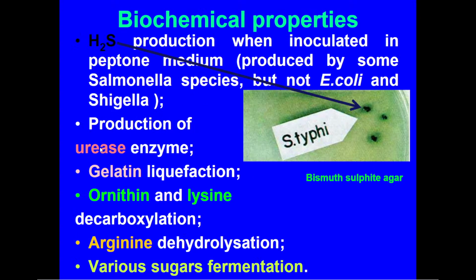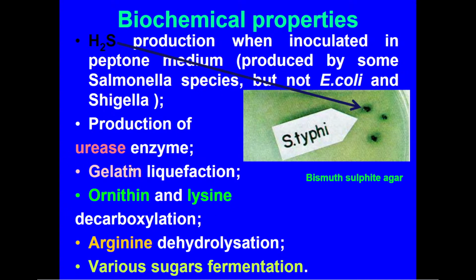Then some more biochemical properties: the ability to produce hydrogen sulfide when inoculated in peptone medium, which is produced mainly by a lot of Salmonella species, while Escherichia and Shigella are usually H2S negative.